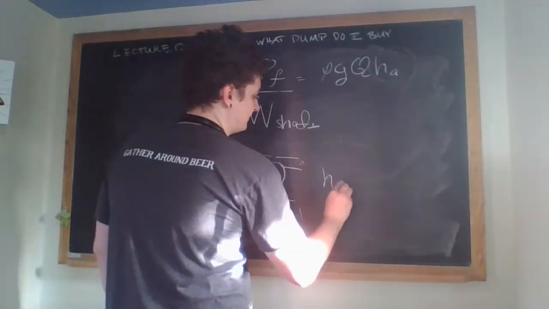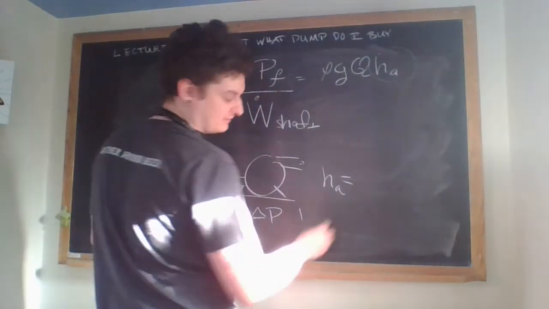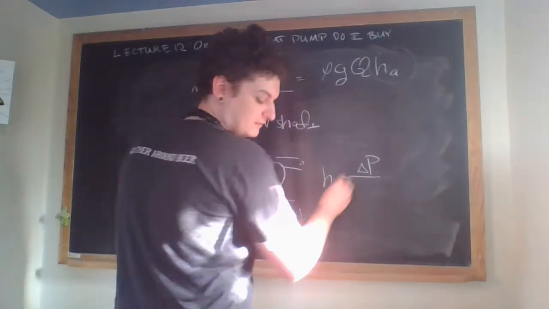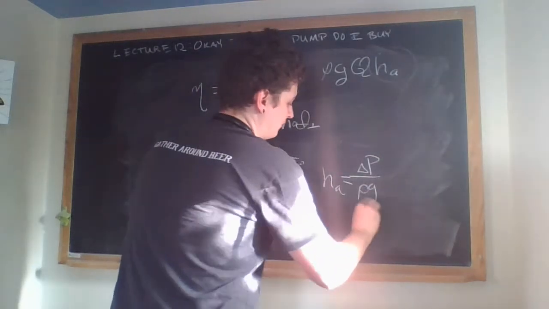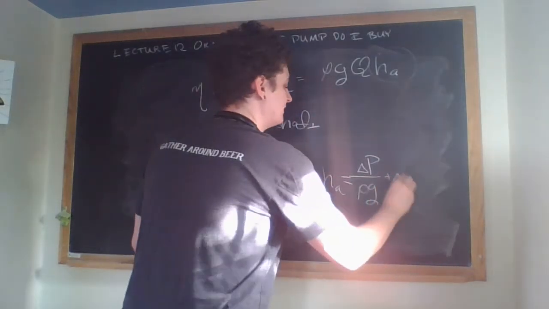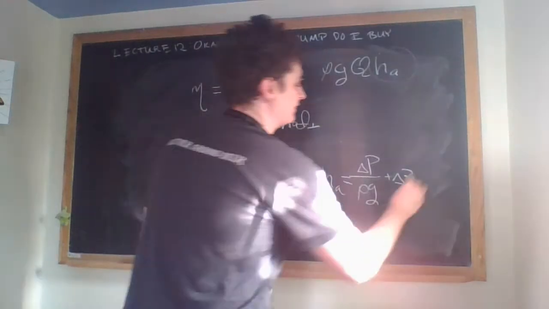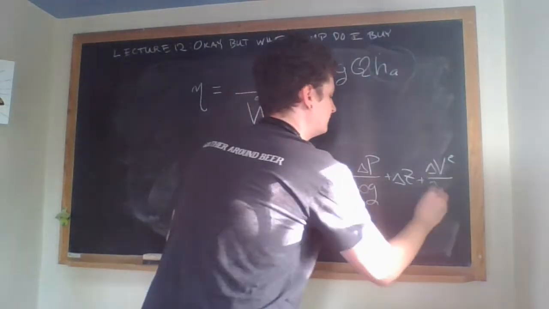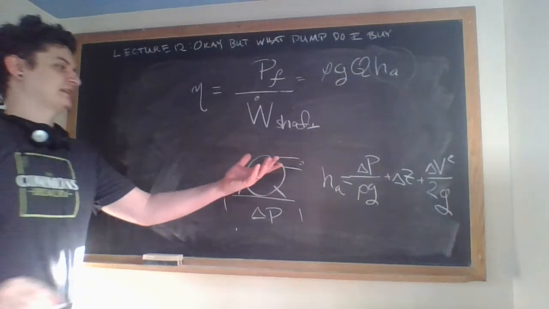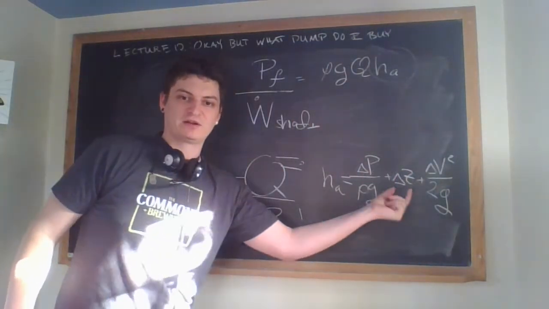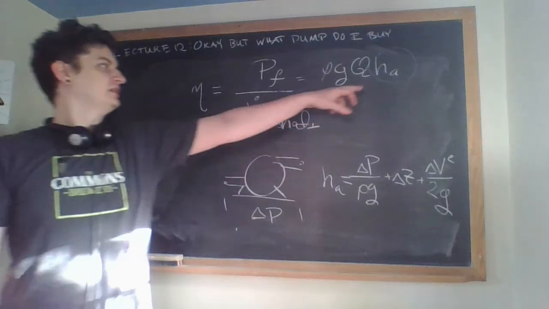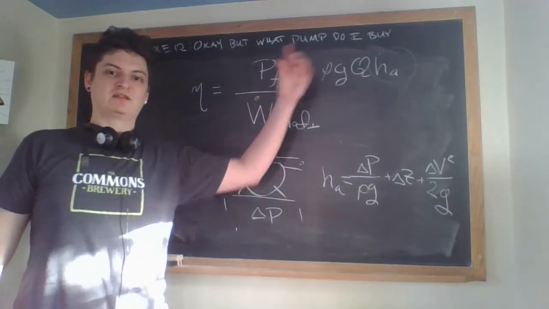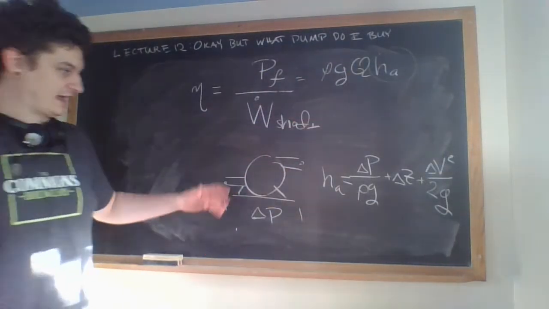Then you have the actual pump head, delta P over rho G, plus the delta Z and the delta V squared over 2G. You can even calculate these two terms to get really rigorous in the measurements, but you'd actually just get this value of power supplied to the fluid this way. So do it that way.